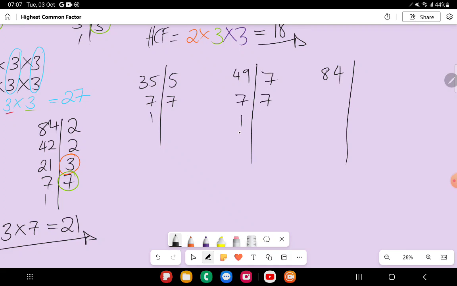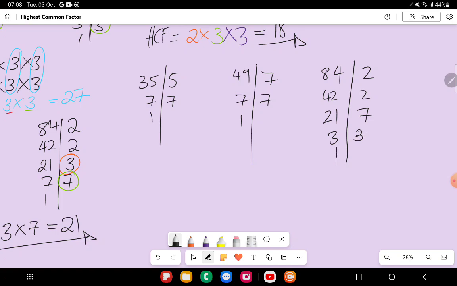Divide by 7 gives me 1. 84 divided by 2 gives me 42. Divide by 2 gives me 21. Divide by 7 gives me 3. No, divide by 3 first. 7, 3, okay. With 7, it gives me 3. And then divide by 3 gives me 1.